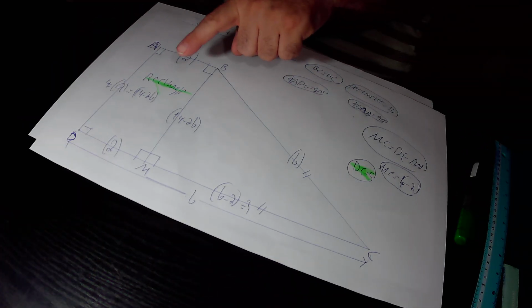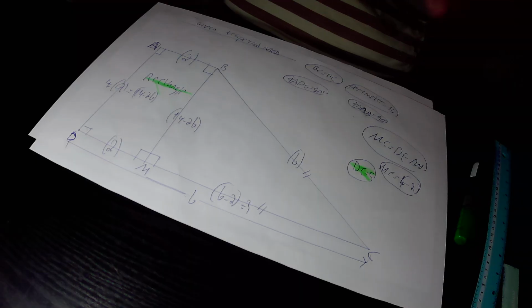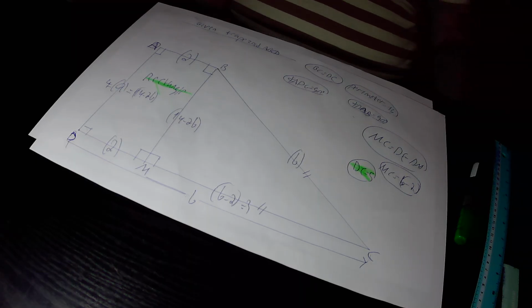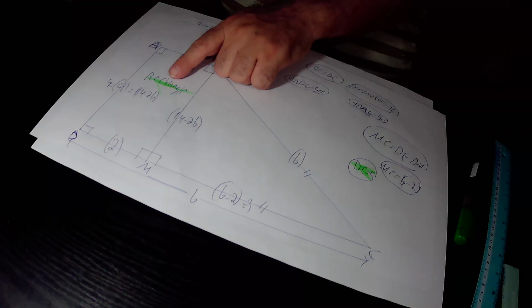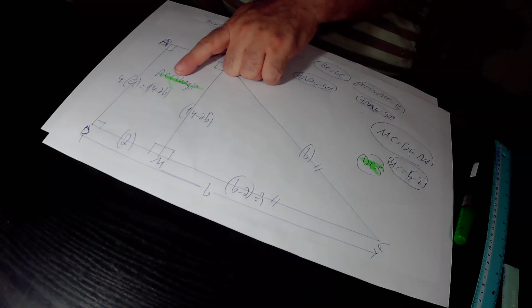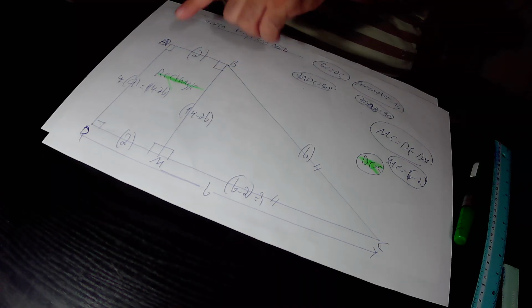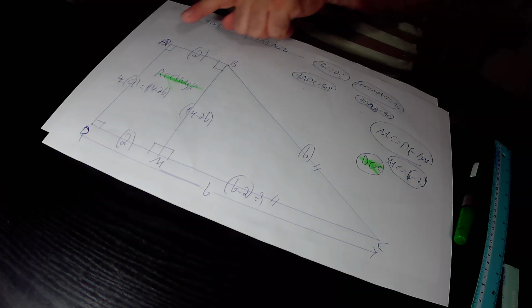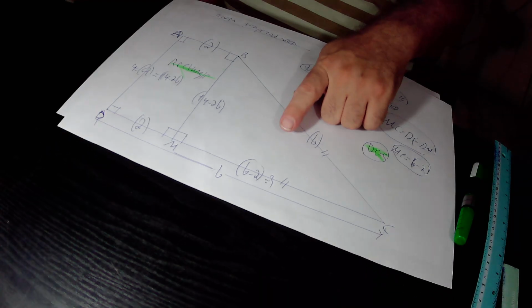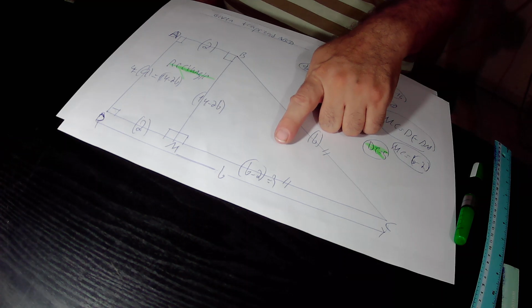So here a equals 14 minus 2b, and b is 5, so minus 2 times 5 is minus 10. 14 minus 10 is 4. So AD equals 4, AB equals 2, and this equals 5 minus 2, that is 3.